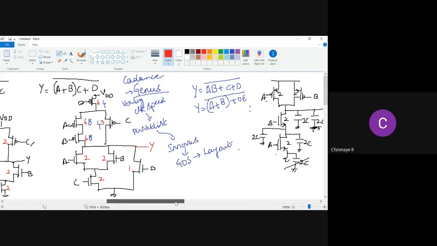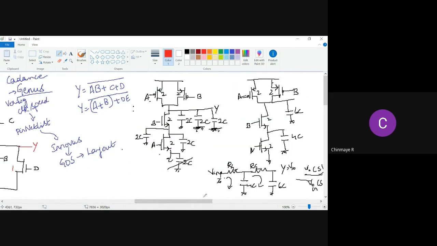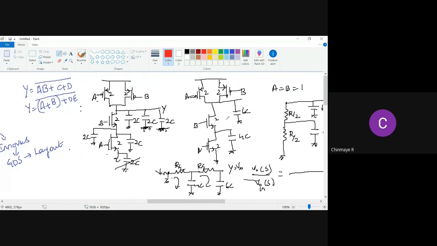Okay. So now, next thing that we did was we tried to calculate the delay of a 2-input NAND gate using the RC delay model. Therefore, based on the width, we wrote the effective capacitances at each of these nodes, right? And then we simplified the circuit here. We saw that there are two RC branches.